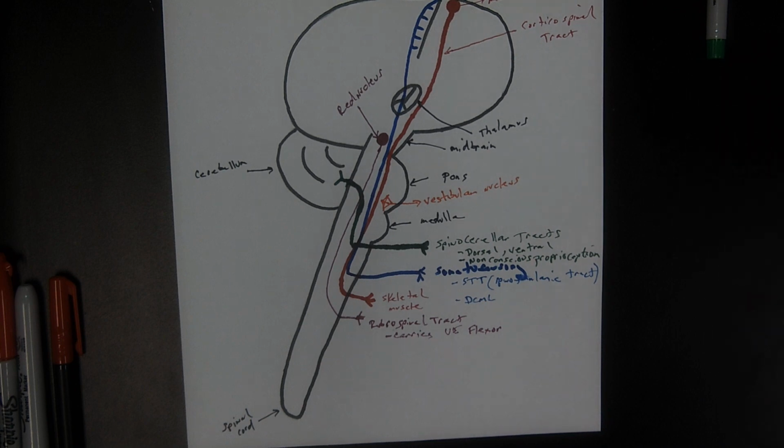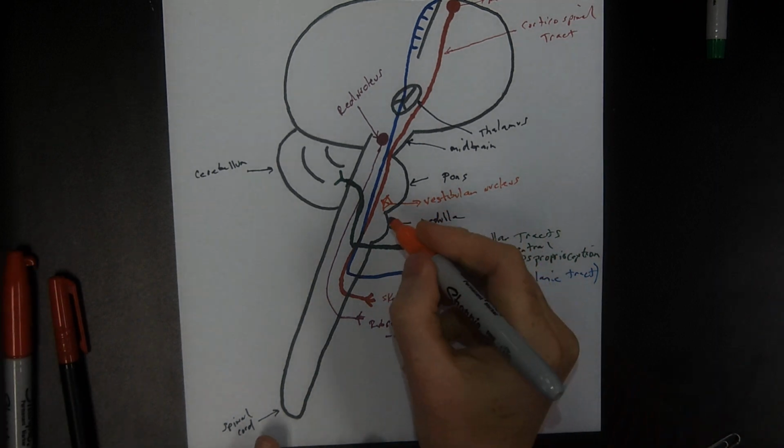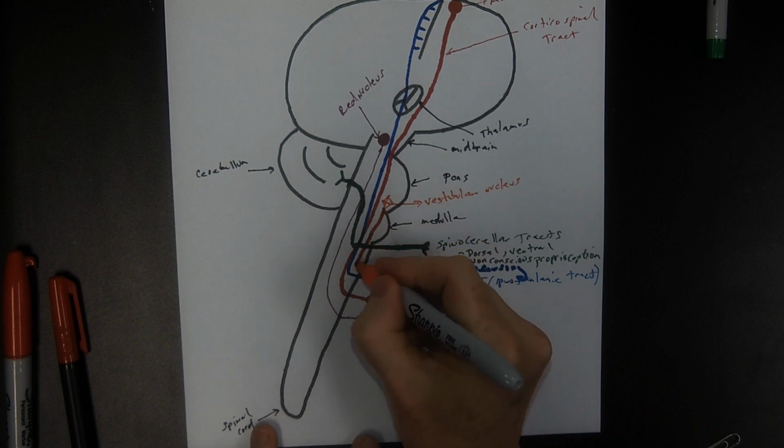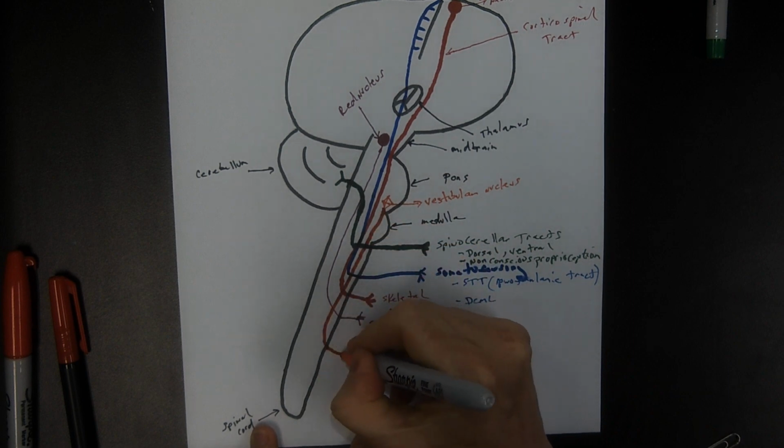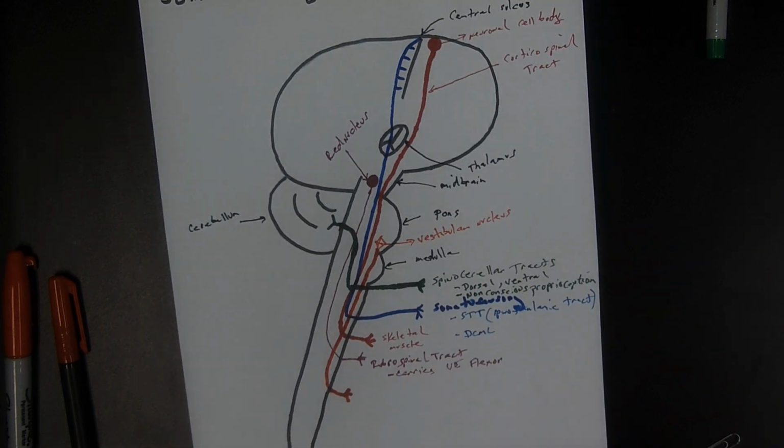But in general, this is a very handy tract that I like to use clinically quite a bit, because I know that if I put somebody upright against gravity, I'm activating their vestibular tract, and that vestibular tract is going to send out axons that travel down the spinal cord and come out. And if you're upright against gravity, which muscles do you want firing?